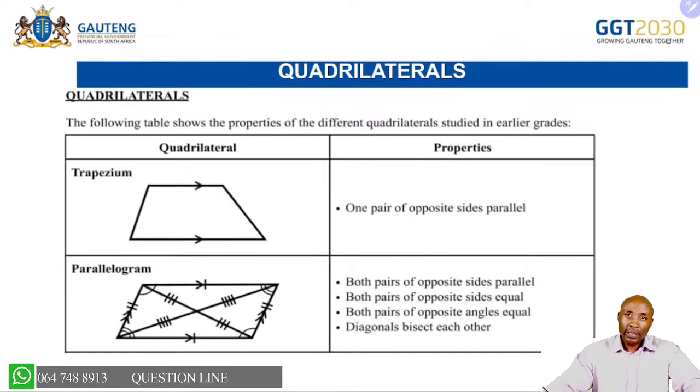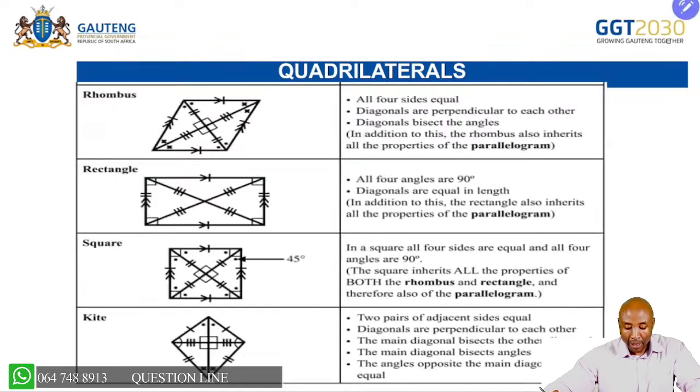So you look at our sides, the size of our interior angles. We also look at our diagonals. We look at the fact that are our angles bisected or not in these properties. Please revise the properties of the trapezium, parallelogram, our rhombus, rectangle, square, and kite.